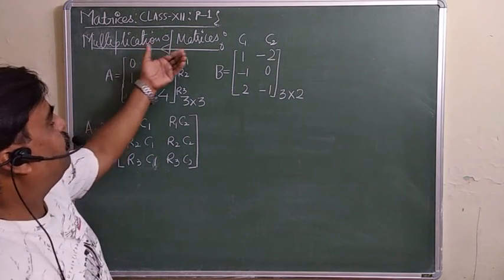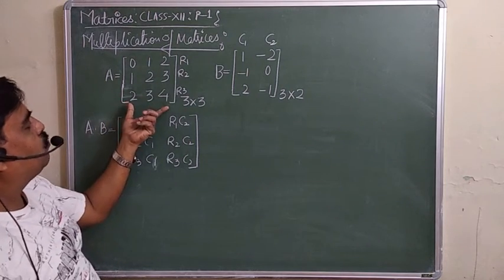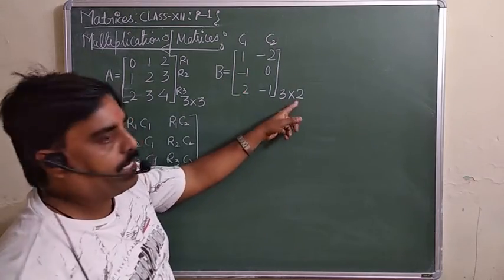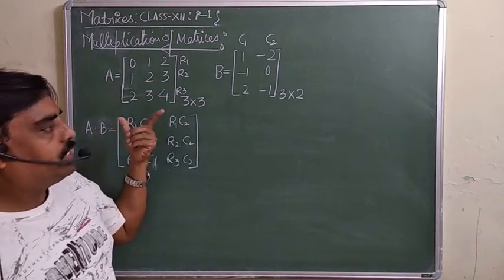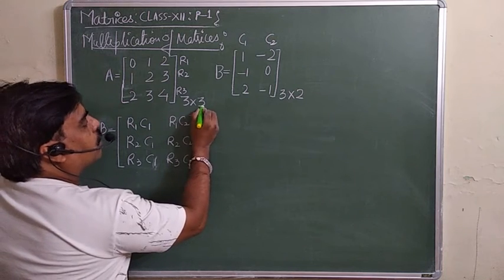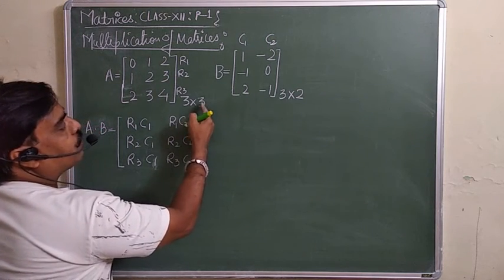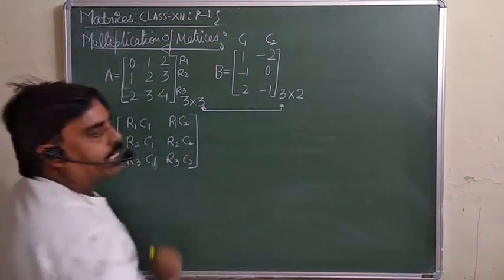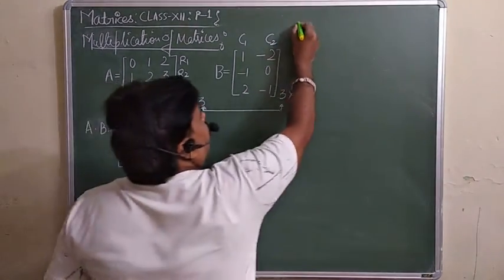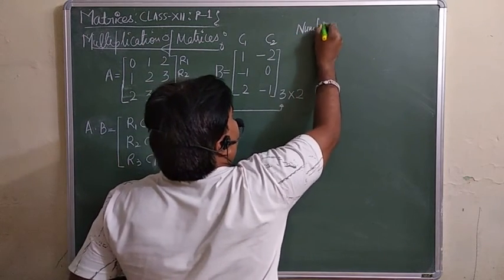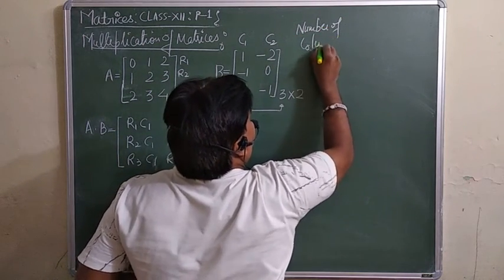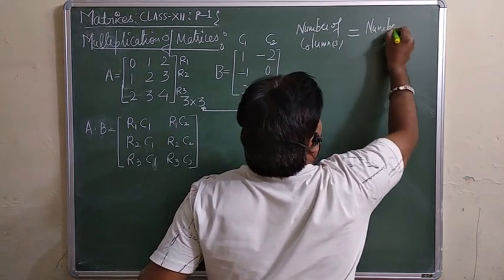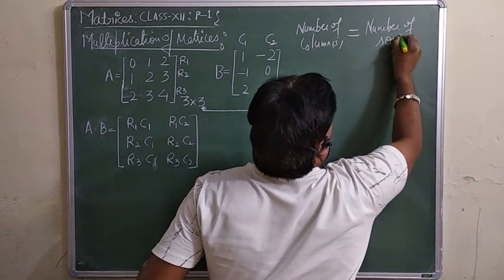Okay, now the multiplication of two matrices. You want to multiply two matrices. One matrix is given, this 3 by 3, another is 3 by 2. You can multiply the two matrices if and only if the number of columns in the first matrix is equal to the number of rows of the second matrix.